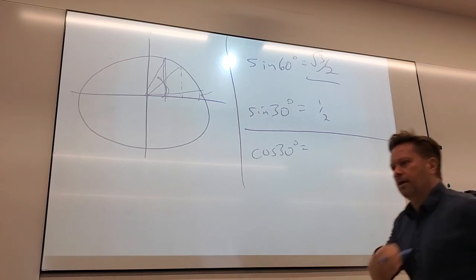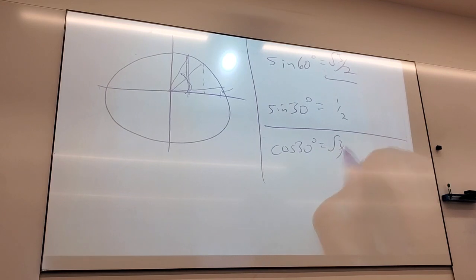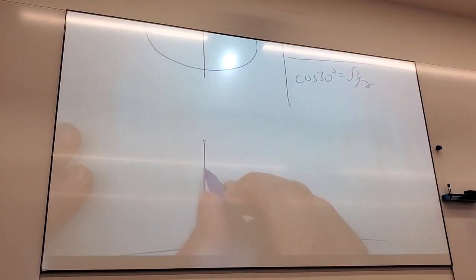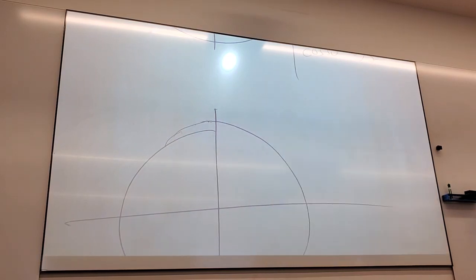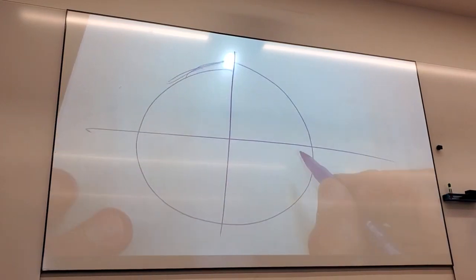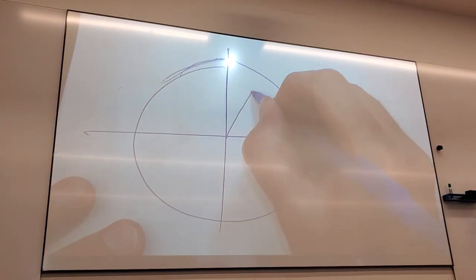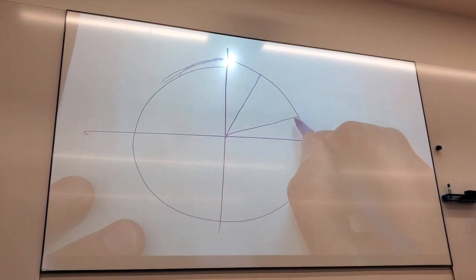And let me really make a big deal out of that for a moment. Let me see if I can do this. My drawing skills are epic for how bad they are. Okay, so here is 60 degrees, and here is 30 degrees.